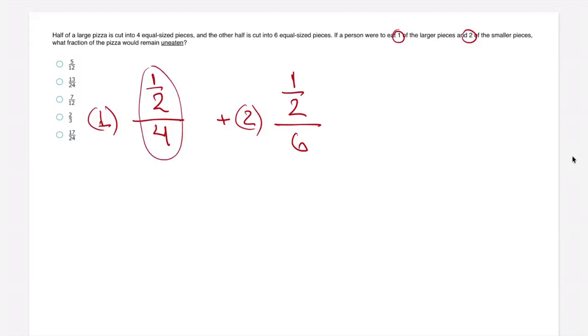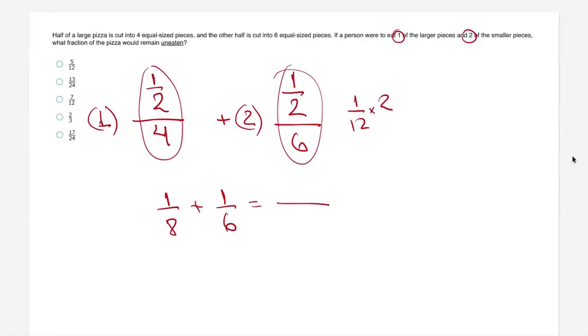So this is 1/8. Do you guys agree? Times 1 is 1/8. This is 1/12 times 2, so it's 1/6. The least common multiple is 24. 24 divided by 8 is 3 times 1 is 3. 24 divided by 6 is 4 times 1 is 4.